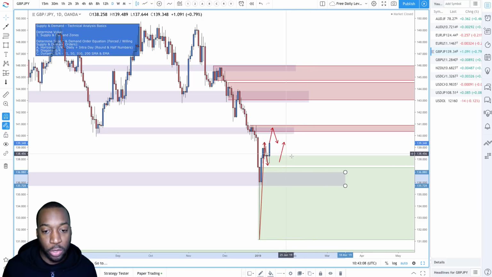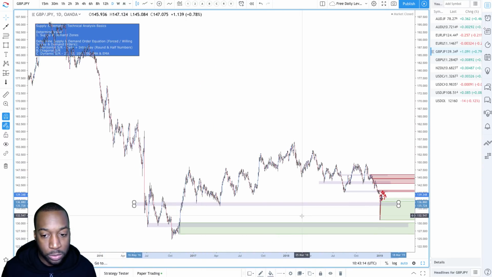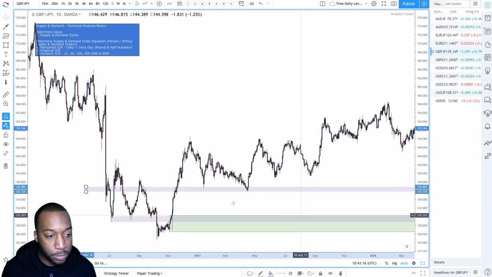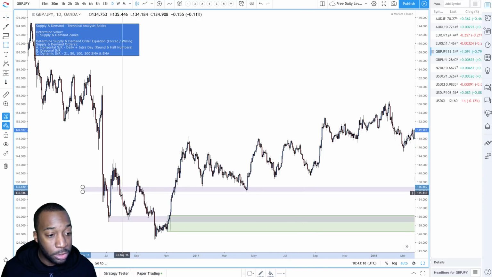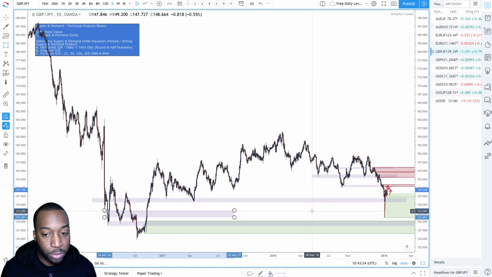So this is the area that I'd be looking for any kind of buy trades, and again, probably down at the absolute lows as well, where you've got that area, it looks like, of support and resistance.